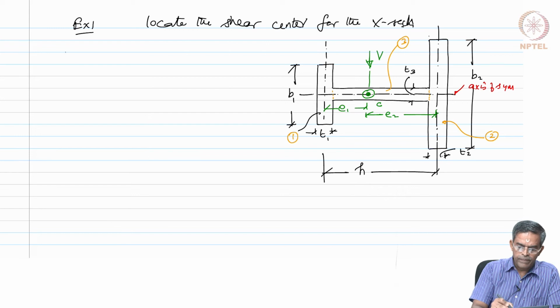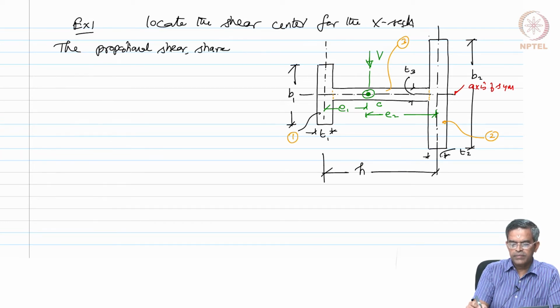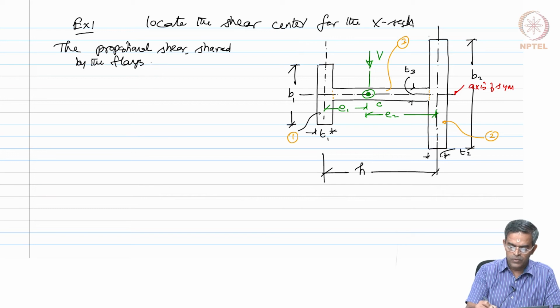Let us say the proportional shear shared by the flanges 1 and 2 are indicated as V1 and V2 respectively.